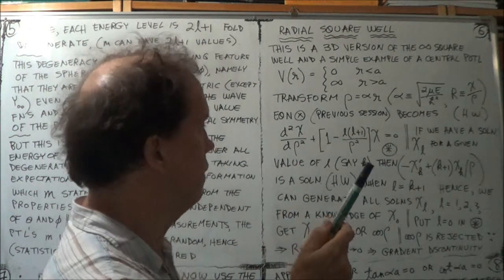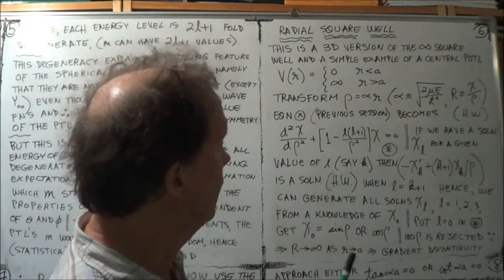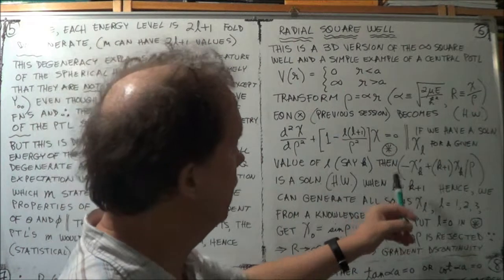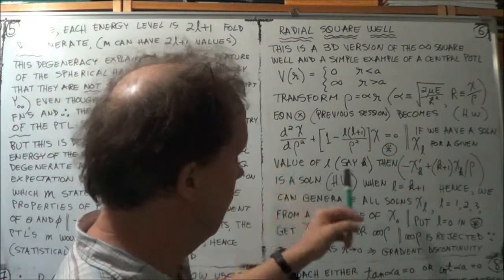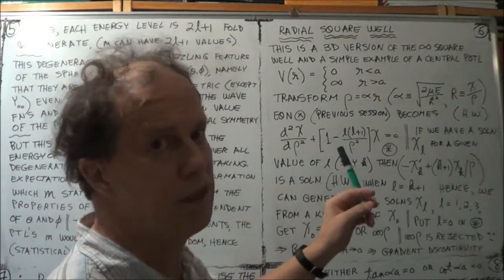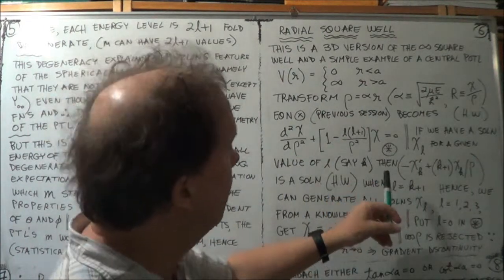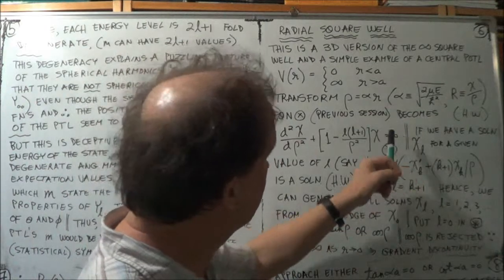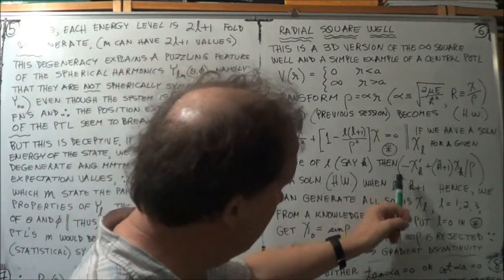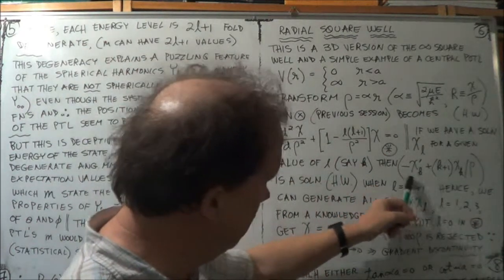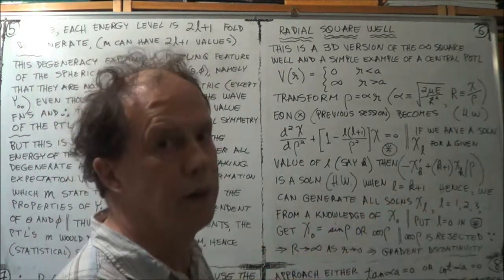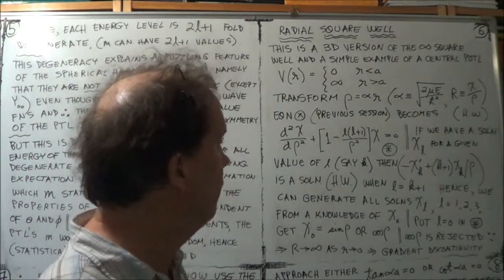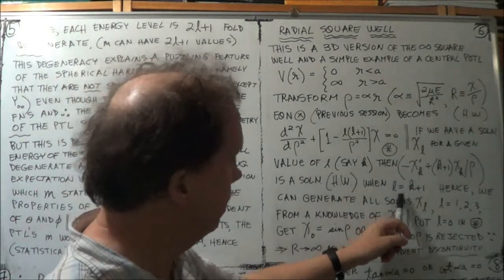Imagine that's the case. So it's an if-then type reasoning. If psi of k solves this equation, then this term here is the solution to psi k plus 1, in other words, when L is k plus 1.